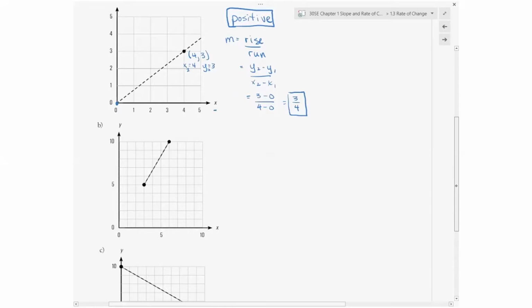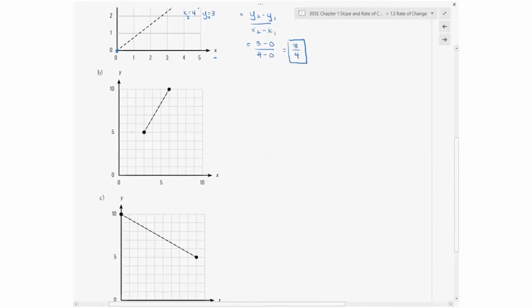Let's look at B. Again, going from left to right, here's where we start, and it's down low, and it rises up, so this is also positive. And now we're going to pick 2 points. Well, we have a point here. Here the x is equal to 6. And I always call the one on the right x2 and y2.